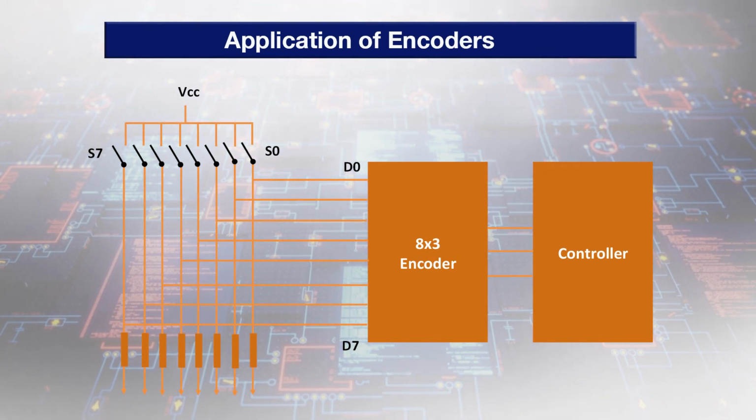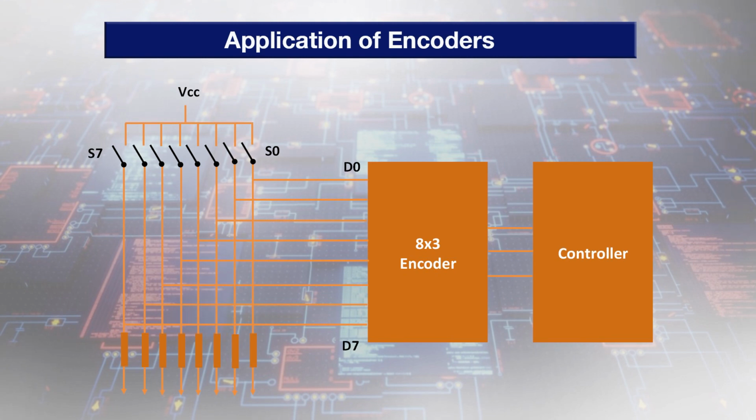So in this way the processor or the controller can know that the particular key is pressed. Without the encoder, in this case we require 8 input output pins of the controller.